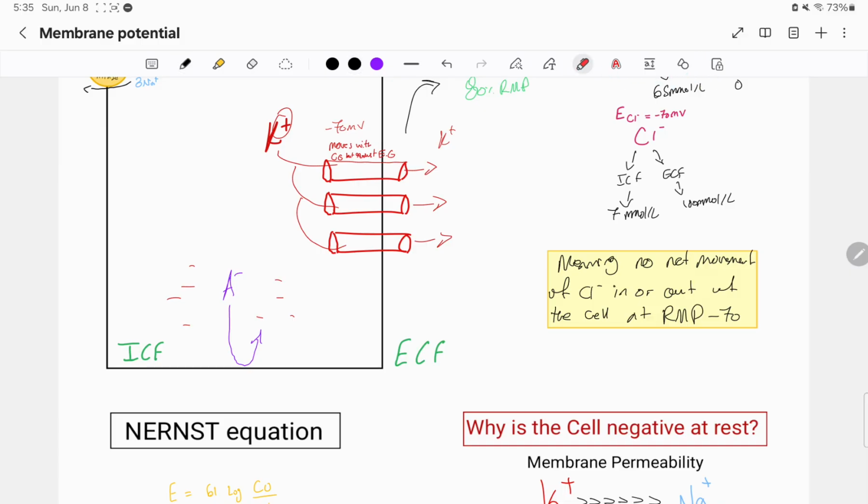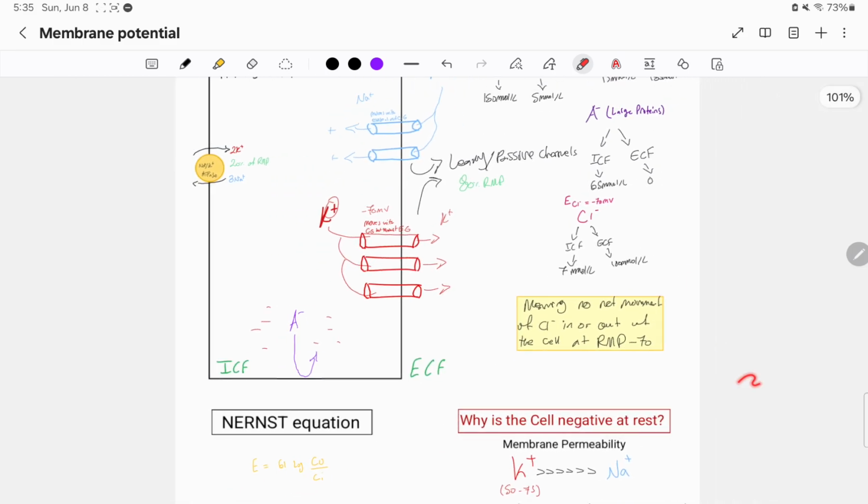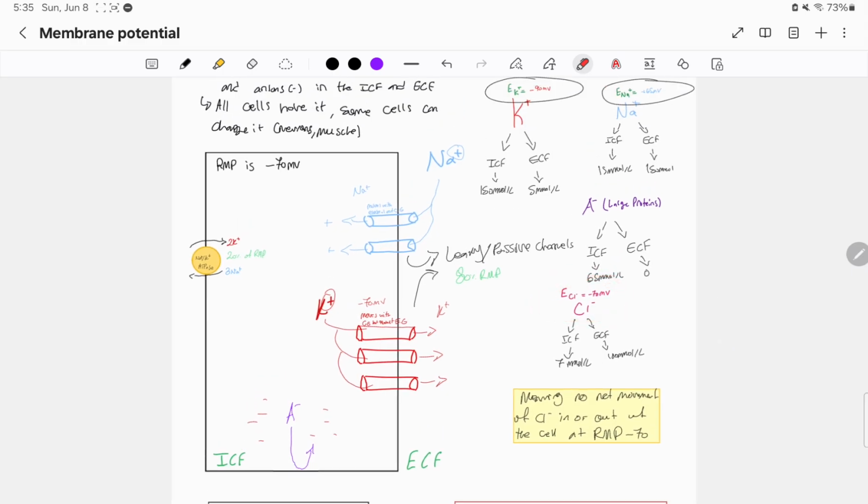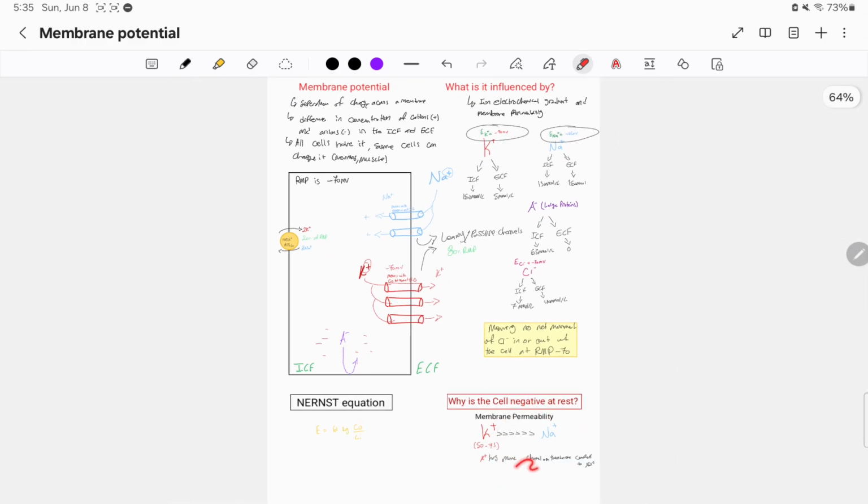Now, if there are certain cells that have a resting membrane potential that is lower or higher than this, then things are going to be different, and we'll talk about that in upcoming videos. But in most cases, chloride just does not contribute to the resting membrane potential, and the principal ions that do are going to be potassium and sodium, based on what we were talking about, right? Based on the ion permeability and all that stuff.